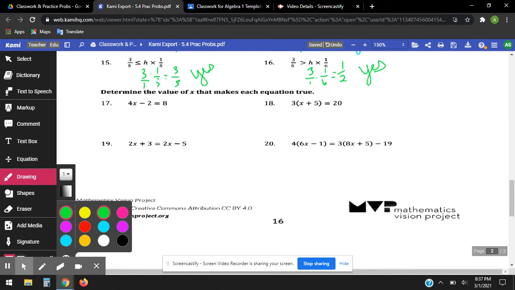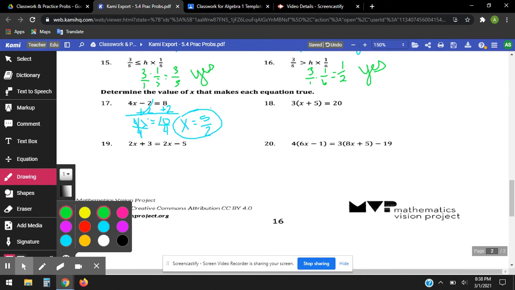Okay, determine the value of x that makes each equation true. Just practicing our solving again. So plus 2, those cancel. 4x equals 10. Divide by 4, x equals 10 fourths, which reduces to 5/2.